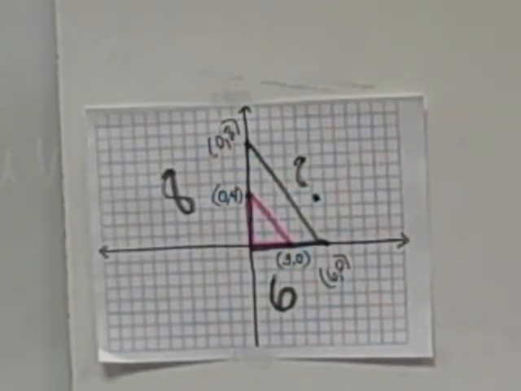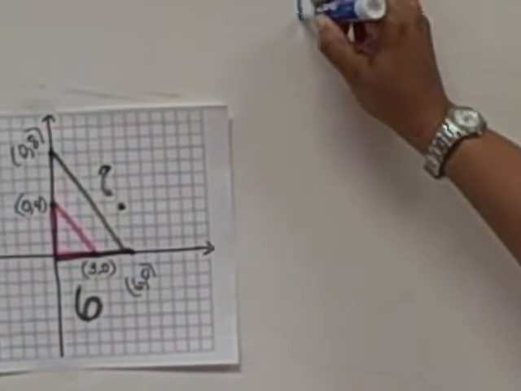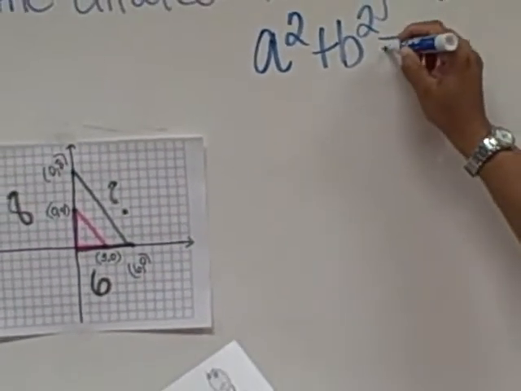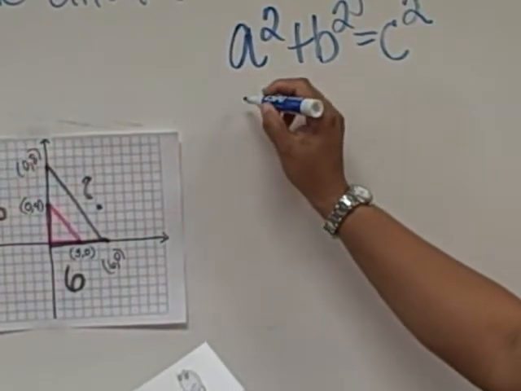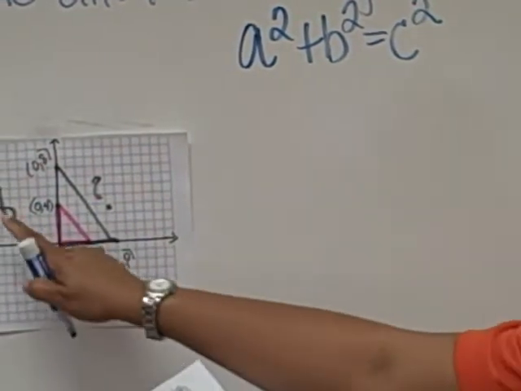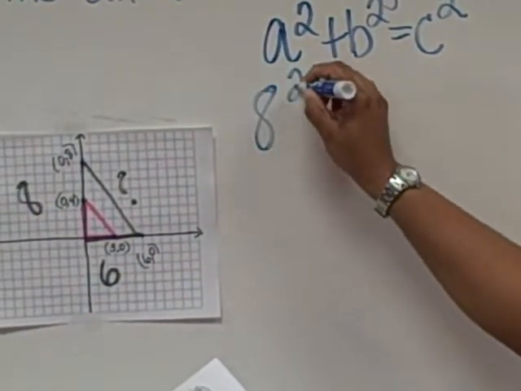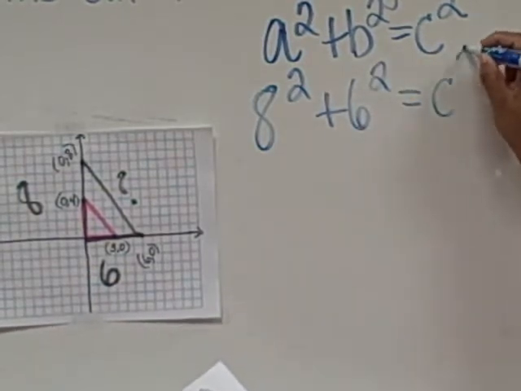We're going to write down our formula for Pythagorean theorem. We have a squared plus b squared equals c squared. Our legs will be these 2, which is 8 squared plus 6 squared equals c squared.